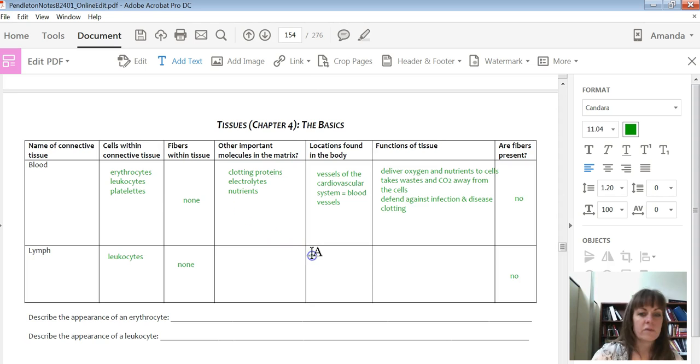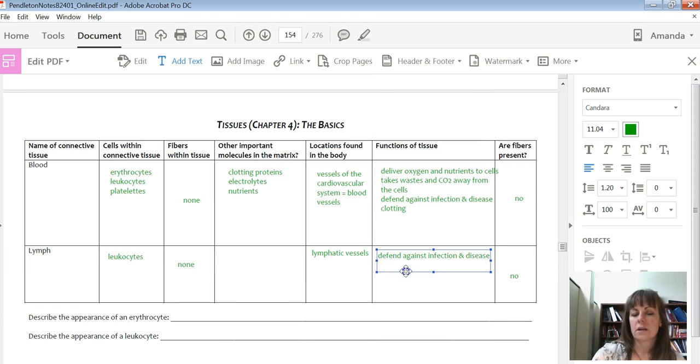Okay, lymph, we're going to find lymph in what's called lymphatic vessels. And because it has white blood cells, lymph is going to help defend against infection and disease. But lymph has another really important function that's unique.